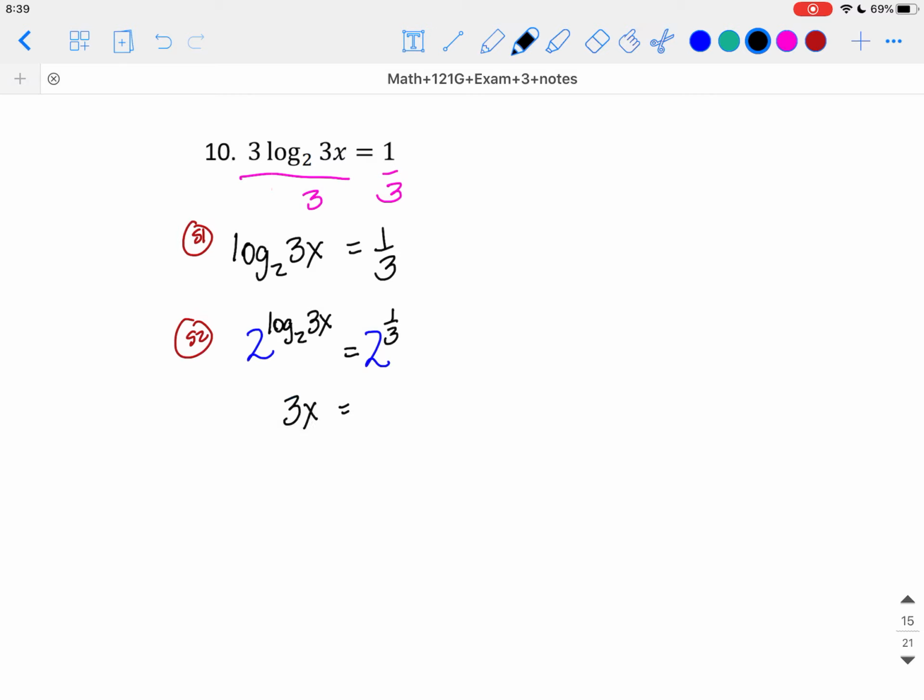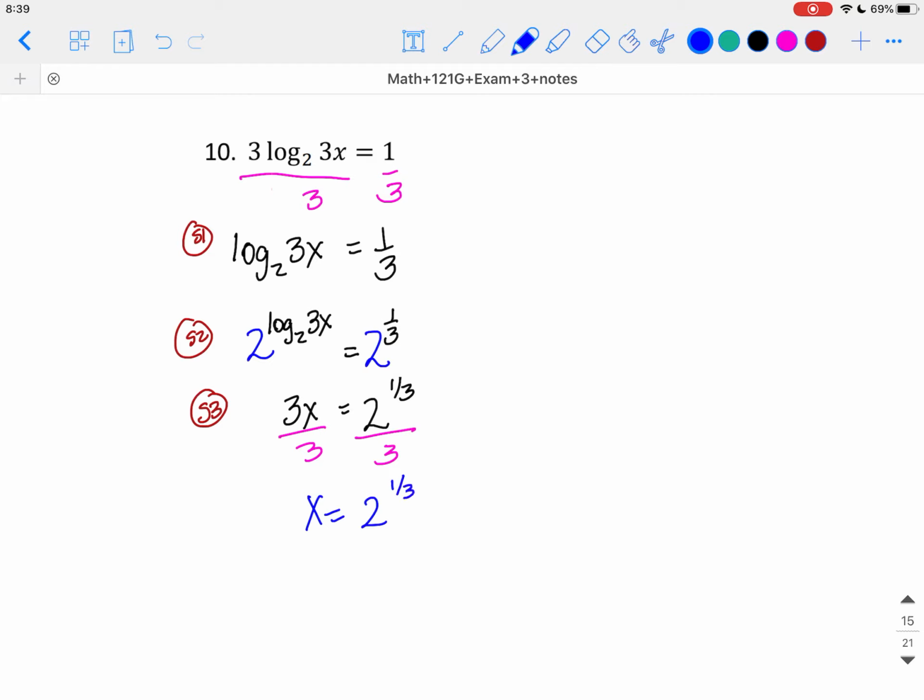And on the left hand side, we're just left with 3x is equal to 2 to the 1/3. And again, the reason why we're left with 3x is we're using that property that's listed in your notes on the previous page. And then we're just going to divide both sides by 3.